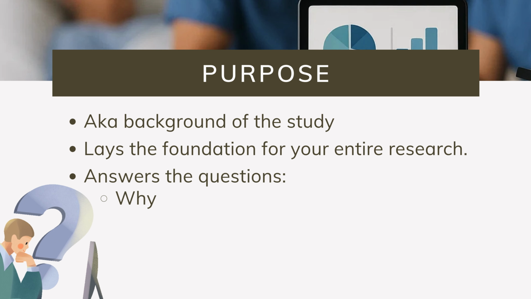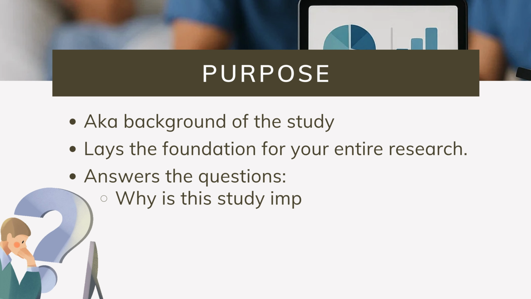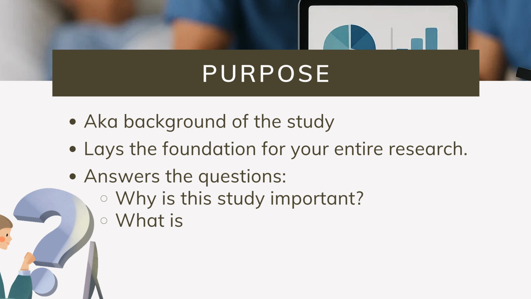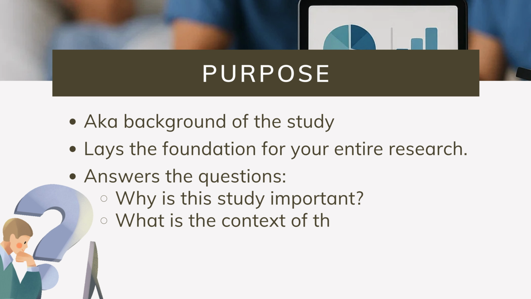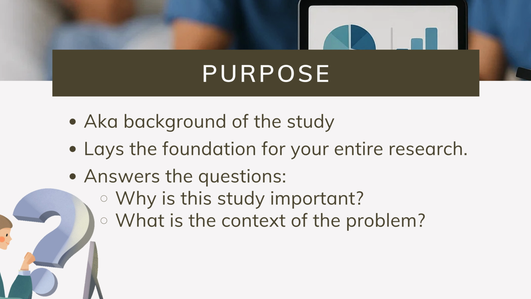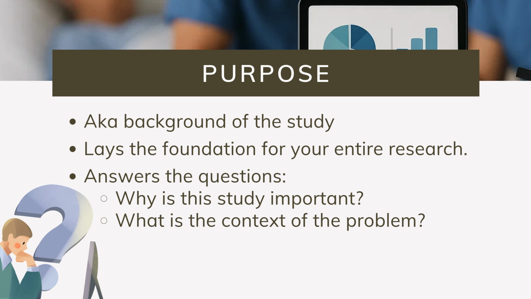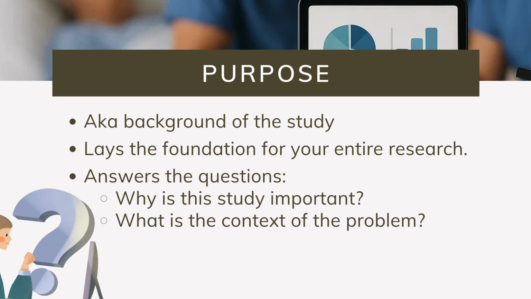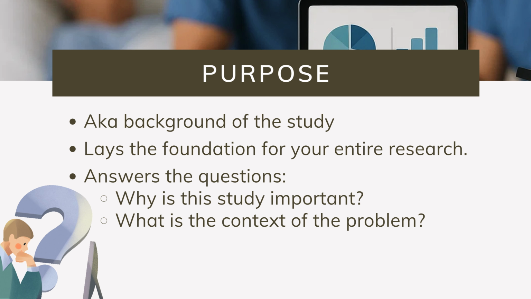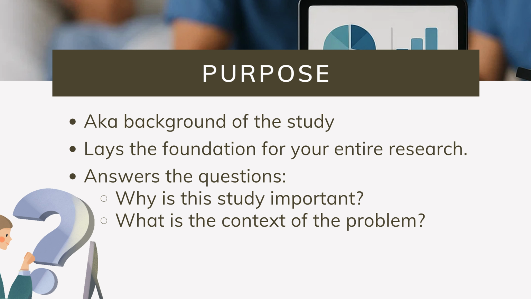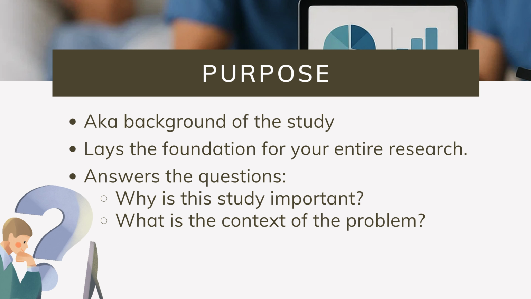So what does this section aim to answer? In this portion, you must convince your reader that this issue or problem is worth exploring. What makes it urgent, relevant, or impactful in nursing? And what is the context of the problem?